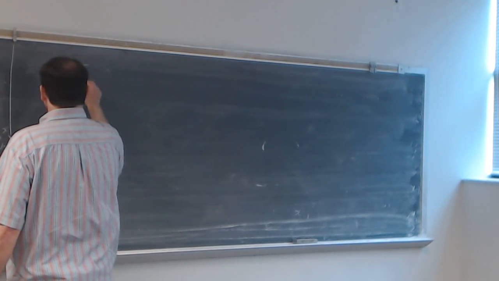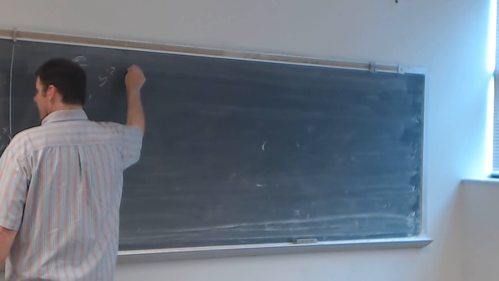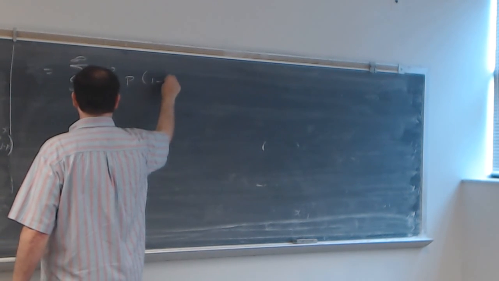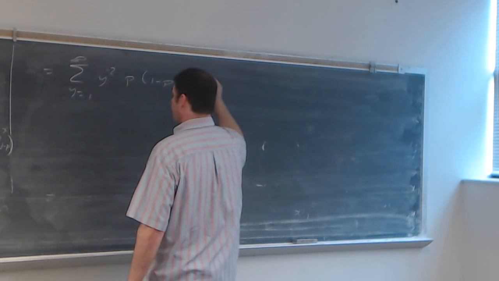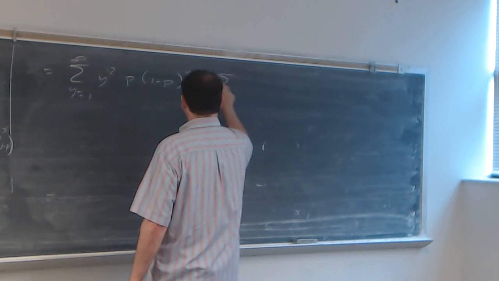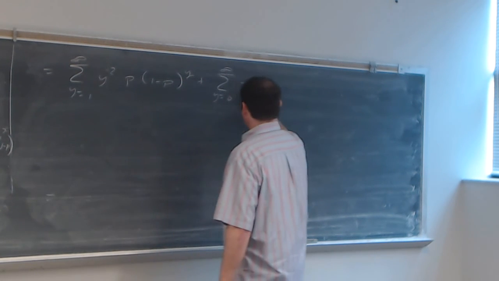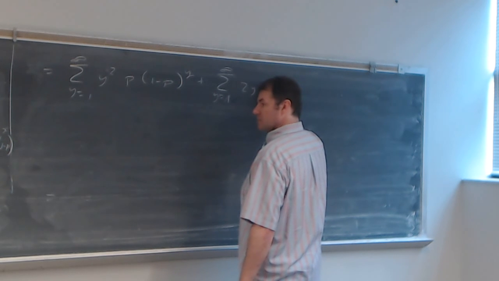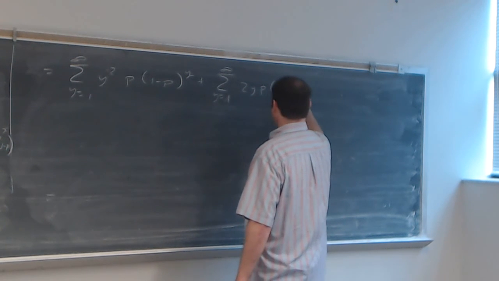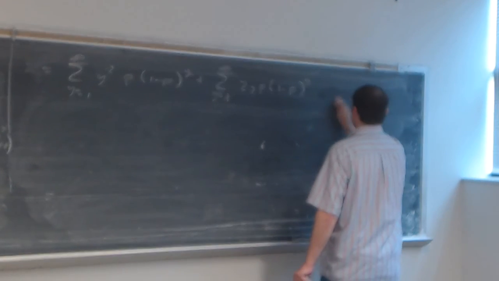That's the sum as y runs from 1 to infinity of y squared p times (1 minus p) to the y, plus the sum as y runs from 0 to infinity of 2y times p times (1 minus p) raised to the y, and then plus 1.